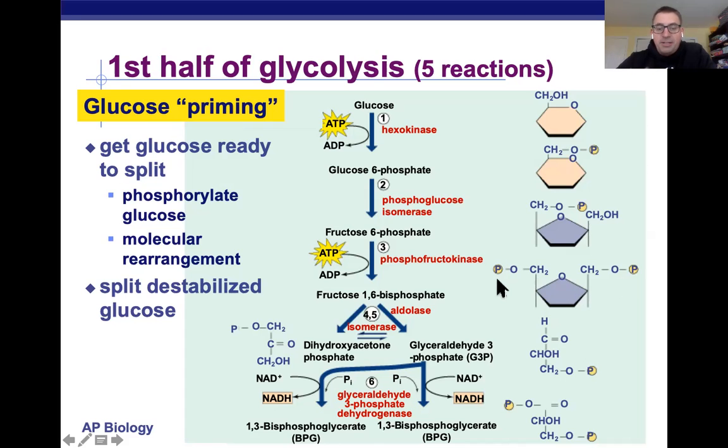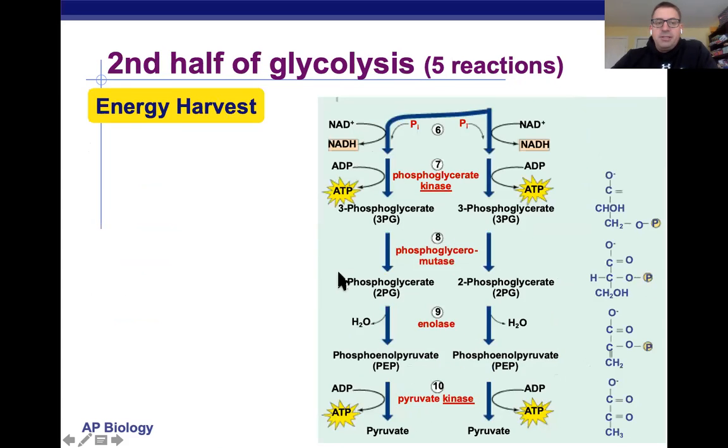It is very unstable, and it will split, like I said, into DHAP, dihydroxyacetone phosphate, and glyceraldehyde 3-phosphate. But there's an enzyme that converts that DHAP into G3P, which then goes through the rest of the stages of glycolysis. So, like I said, phosphofructokinase is key and G3P is key.